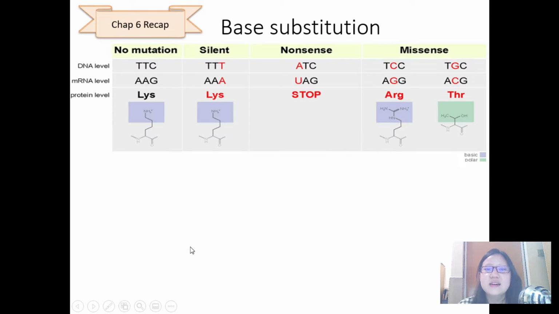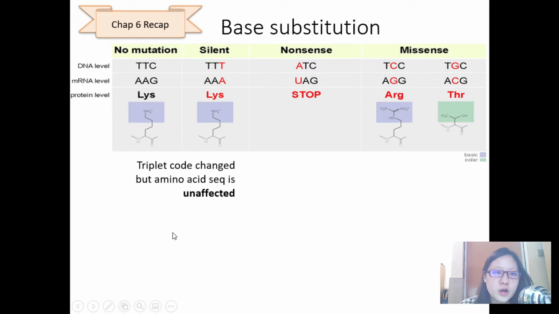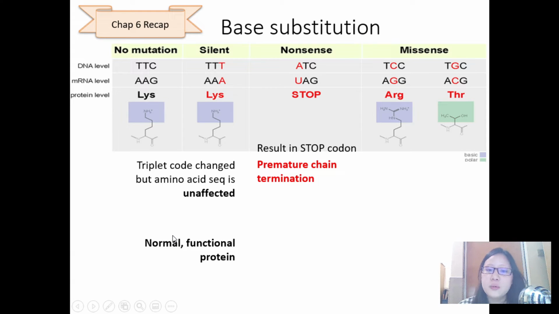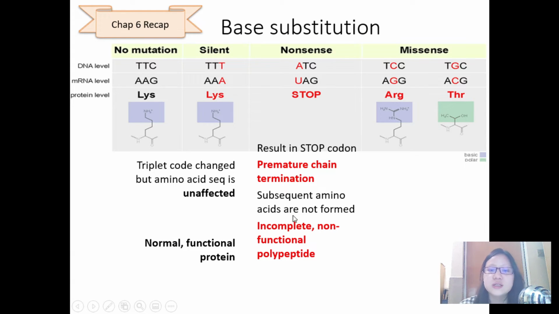Okay, perfect. So, base substitution again. Silent mutation means the triplet code has changed, but the amino acid is unaffected because it just so happens the mRNA codon codes for the same amino acid. Nonsense is when a stop codon is introduced, and this causes an incomplete, non-functional polypeptide.